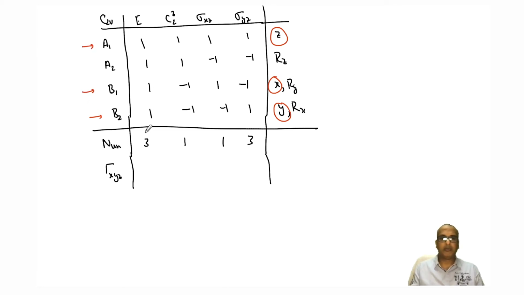So 1 plus 1 plus 1, 3. 1 plus -1 -1, so I will get -1 over here. Then 1, 1, -1, so I will get +1. 1, -1, 1, so I will get +1. Right? Now I multiply these two.